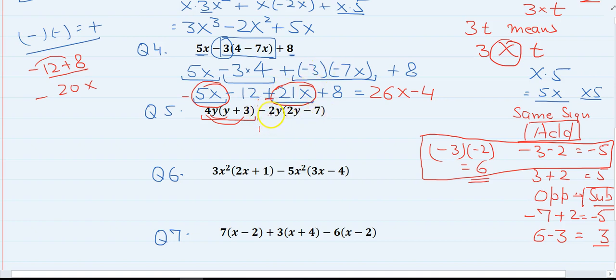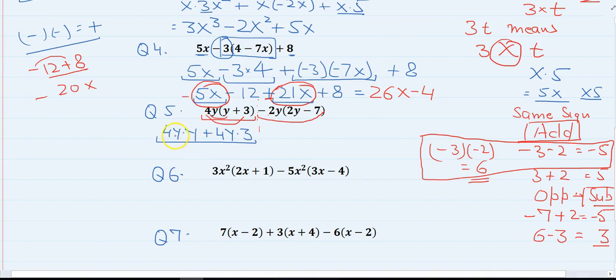In the same way, now you see it is negative 2y. So now let's multiply this. So it will be 4y multiply y plus 4y multiply 3. This is the expansion of the first bracket.